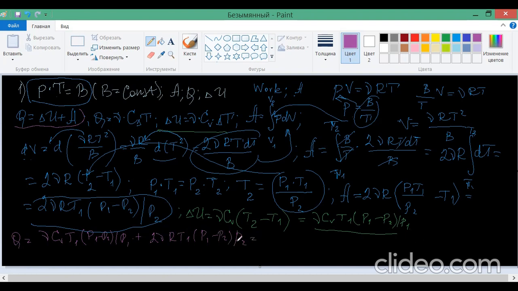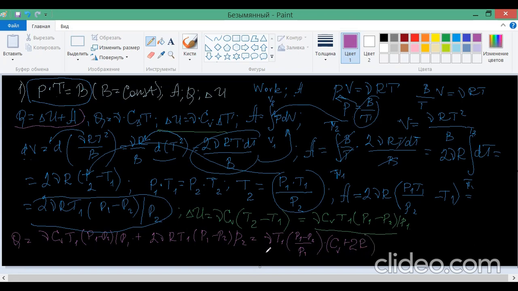And in order to simplify it 100%, let's factor it, and we put nu times T sub 1 times (P sub 1 minus P sub 2) over P sub 1 times (C sub V plus 2 times the gas constant R).